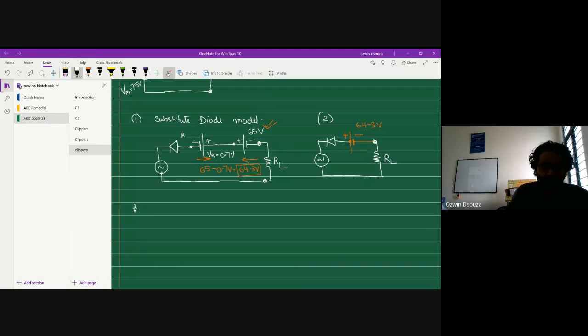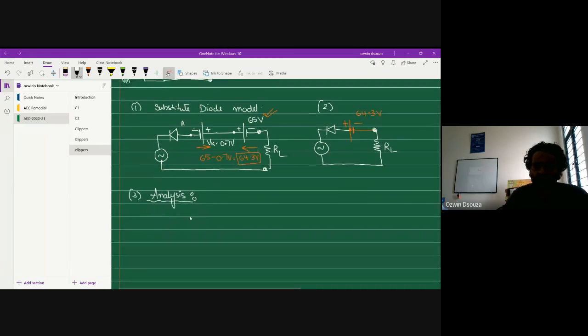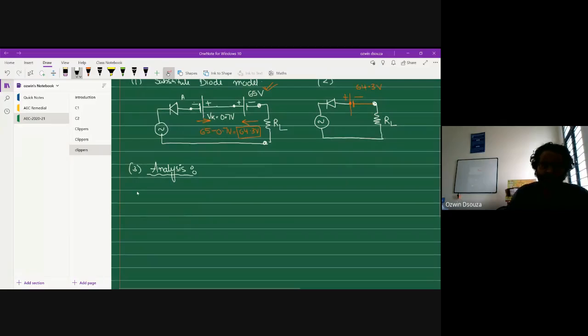Okay, so in step 3, you can talk about analysis. Whenever you say analysis, you start with, let's say, the positive half cycle and then finish it off with the negative half cycle. So let's consider the positive half cycle. Let me put the polarity in figure 2 itself.